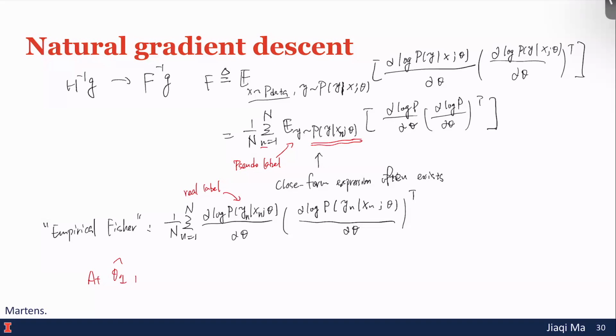So the real label will very often appear if you sample from the model. So the pseudo labels and the real labels become similar.